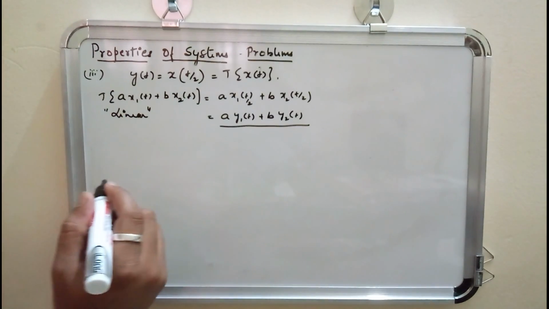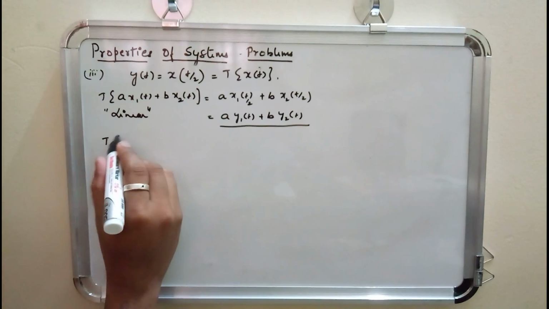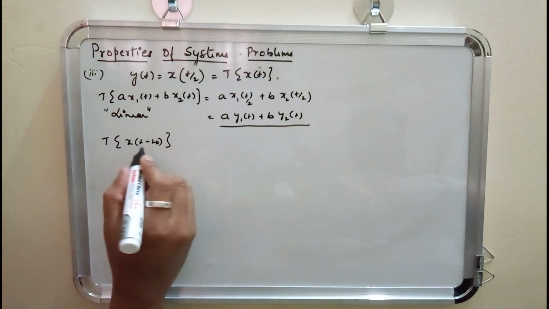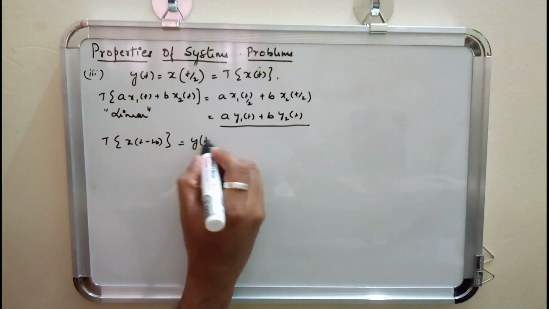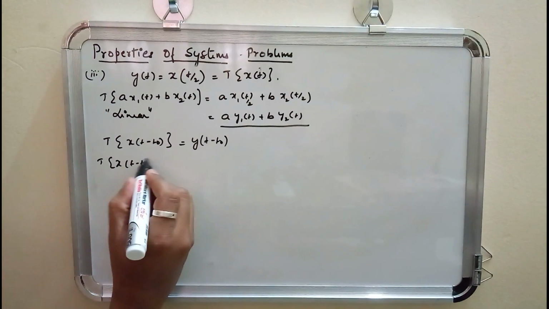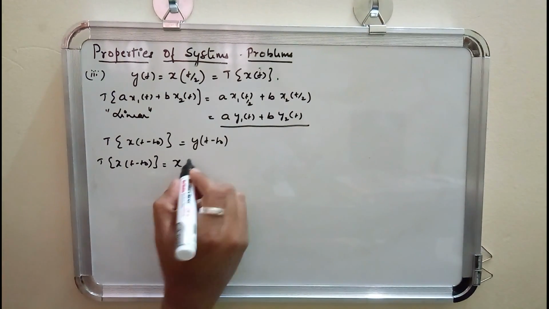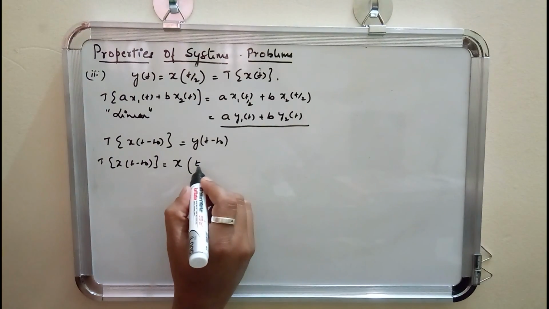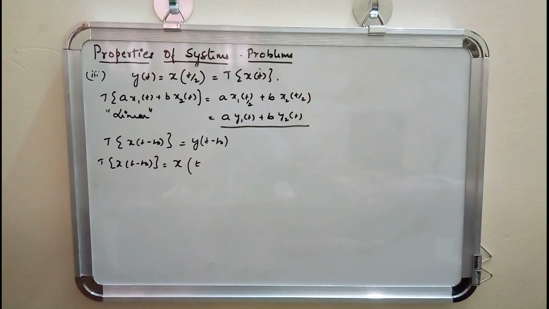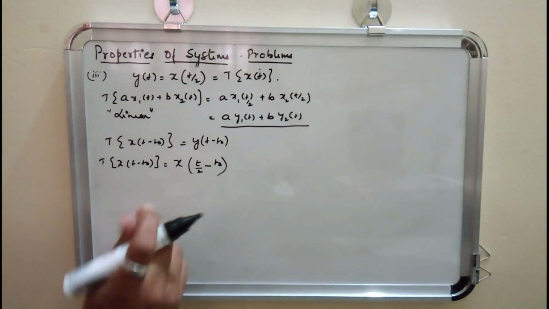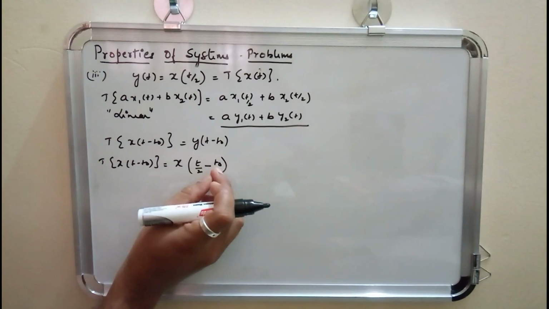The second one is time invariance. The time invariance property is: if there is a shift in the input, x of t minus t naught, there should be a corresponding shift in the output as well. Now on the left hand side, if I take x of t minus t naught, it is x of t by 2 minus t naught, because I am just shifting my input by the amount t naught.